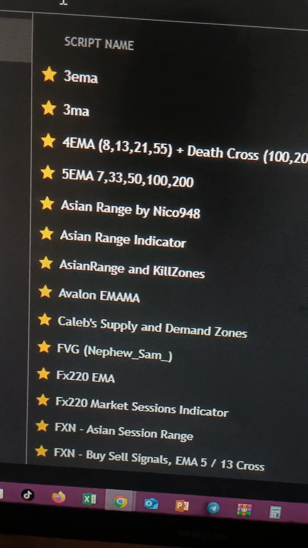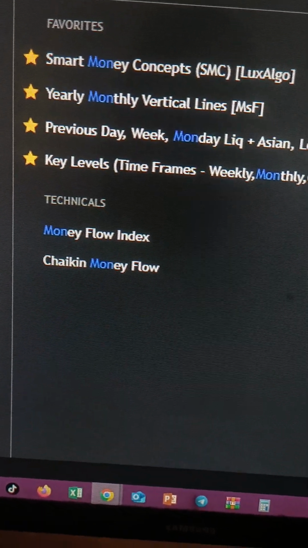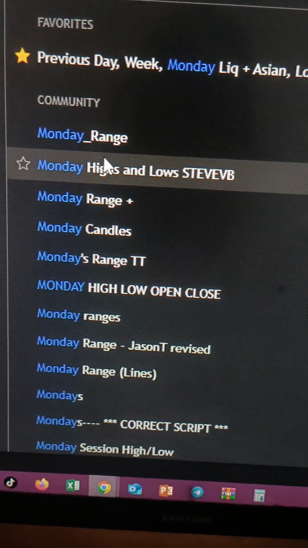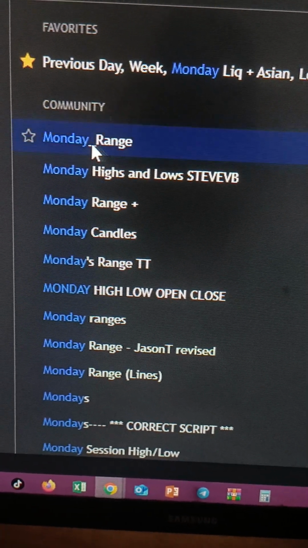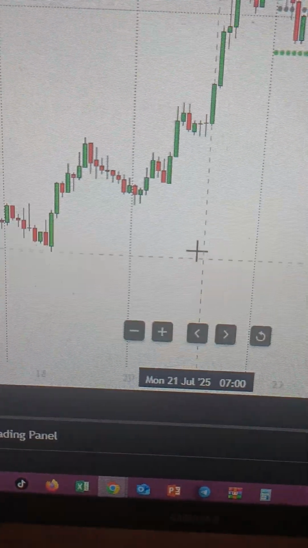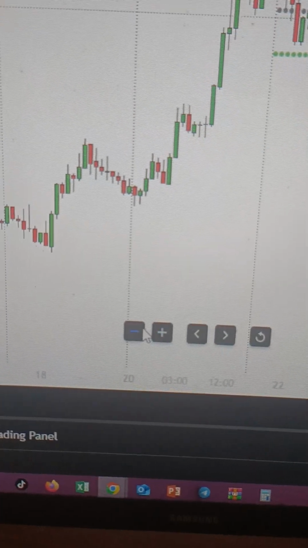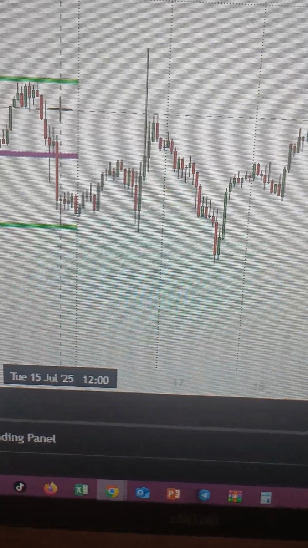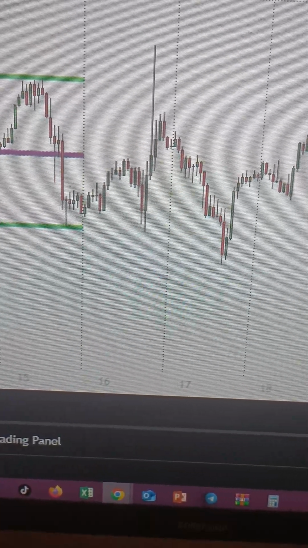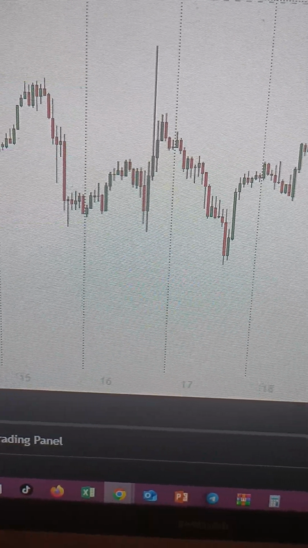So let's see. Monday range. I don't know if it is this one. I don't think I love this one, so let's get another one.